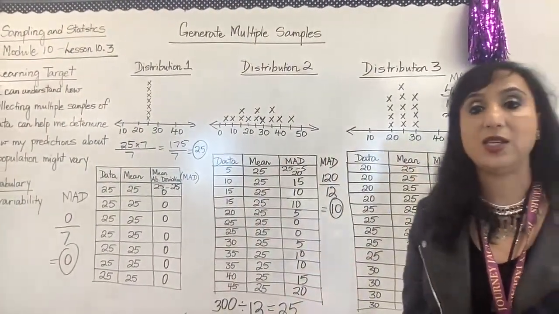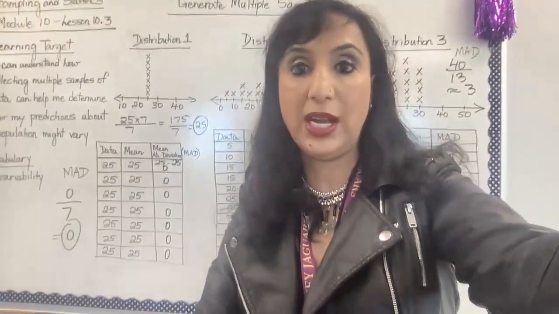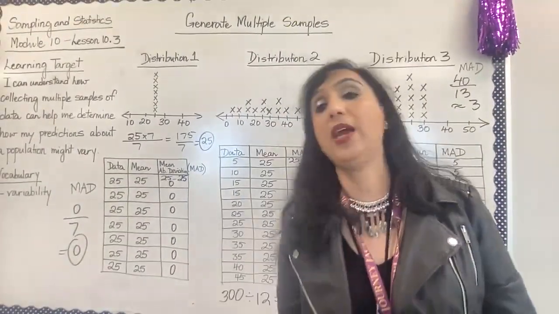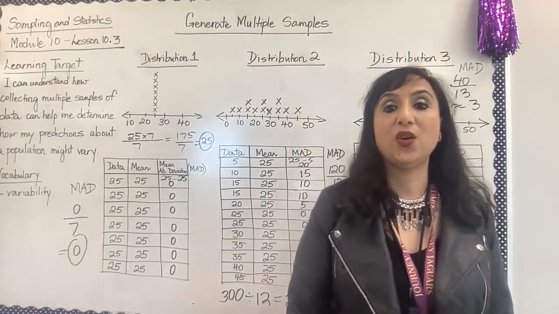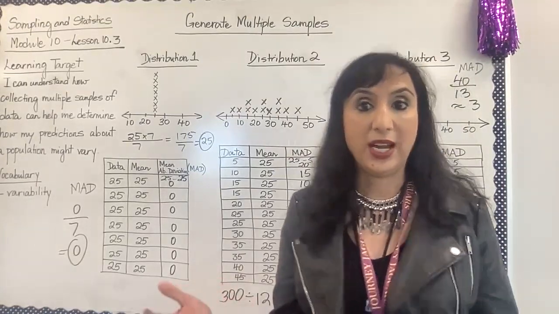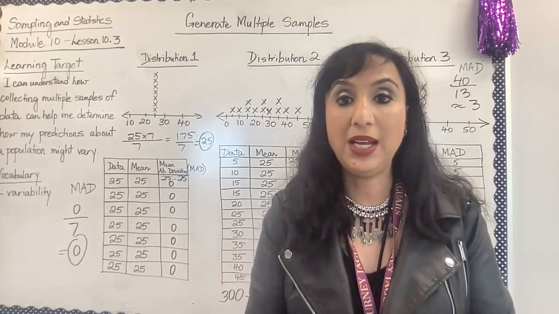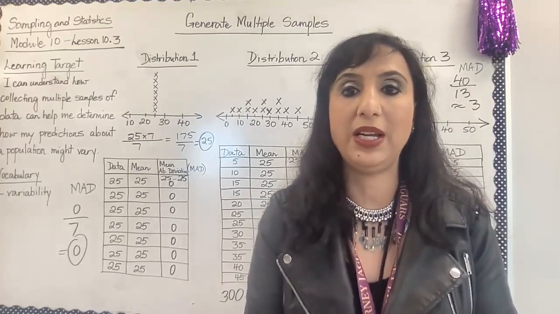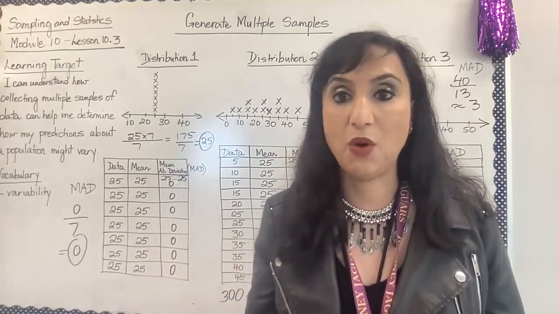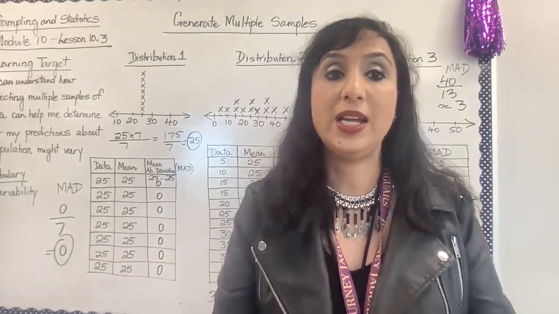What you're doing is you are calculating the mean of the data set, and then you are finding the mean absolute deviation, which is showing you how far the data is from that mean. And the closer it is, the less variability. The further apart it is, the more variability of the data set.